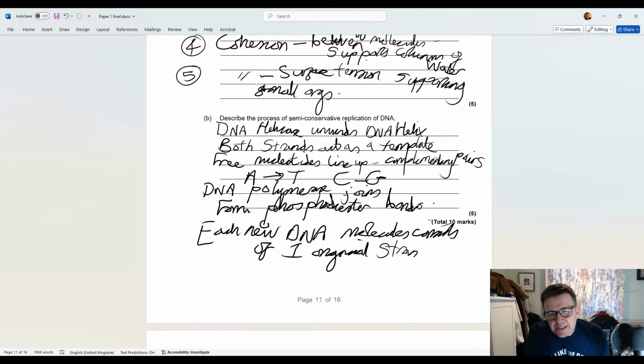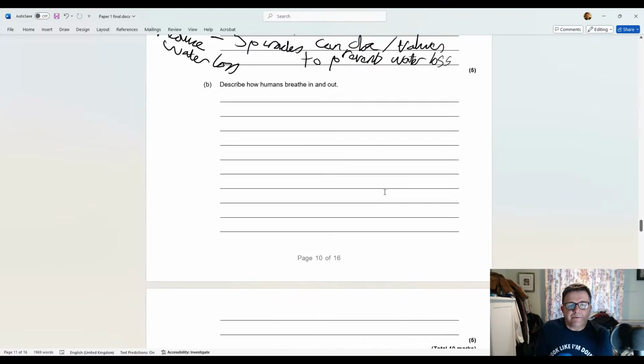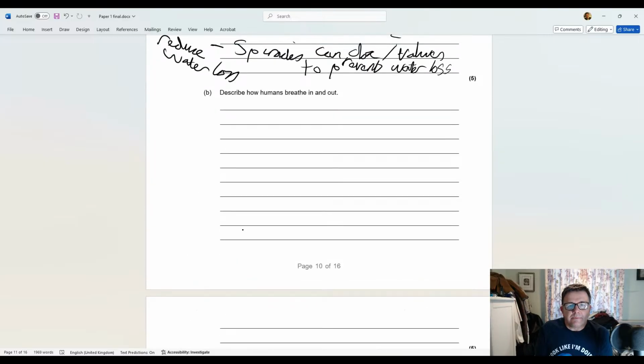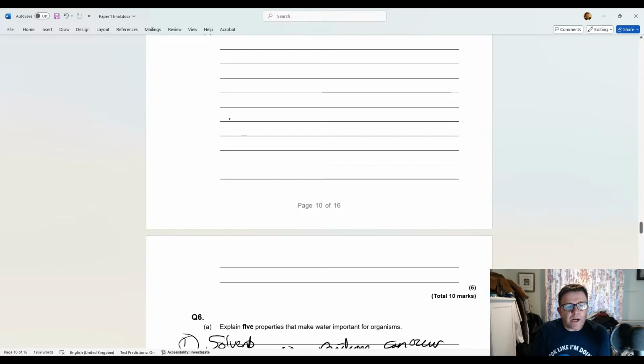I just want to mention Meselson and Stahl. So they did the experiment. Let me just find a space here. Right. You don't need to know about Meselson and Stahl and their names, but I like their names.